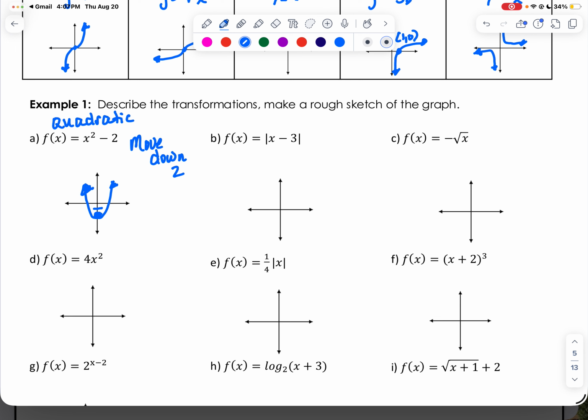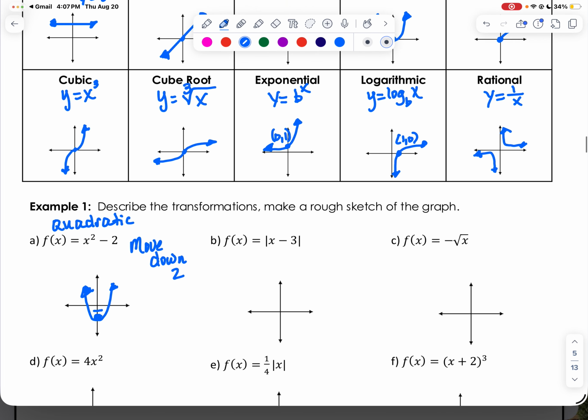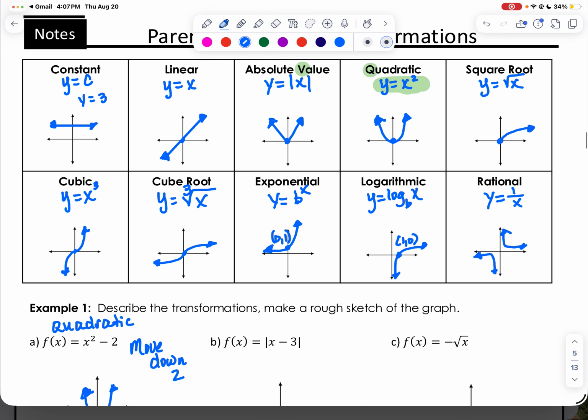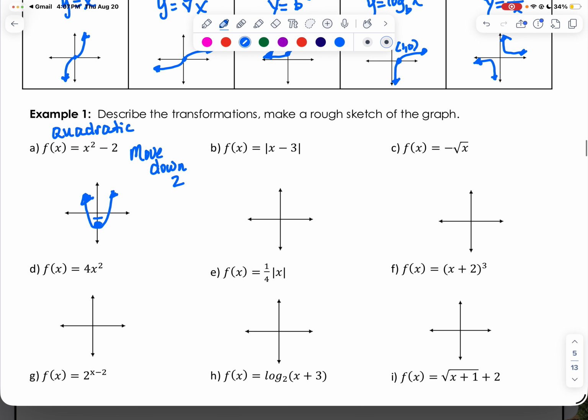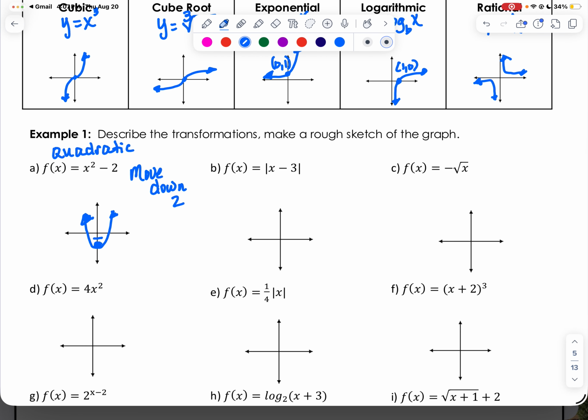All right. Now, in our next function, we have f of x equals the absolute value of x minus 3. So go back up to our chart, find the absolute value parent function, and remember its basic shape is a V. But here the 3 is grouped together with the x, so it's going to do the opposite. It's going to move to the right 3.